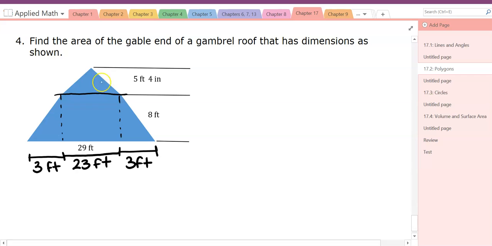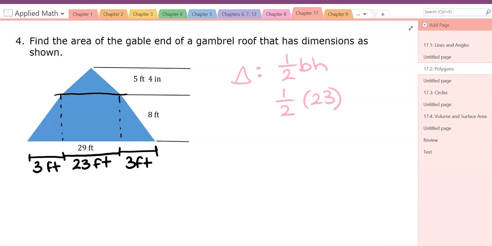All right, so for my triangle on top, I'm going to use 1/2 times base times height. So I'm going to do 1/2. The base of that triangle is that 23 feet. And the height is going to be 5 feet 4 inches. How could we write that in just feet, though? How could I write 4 inches as a fraction of a foot?